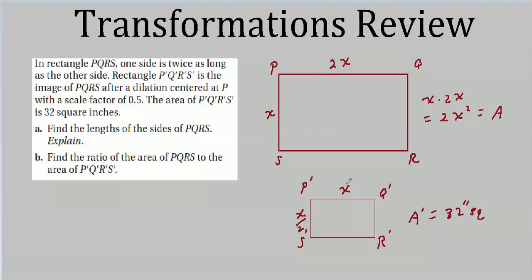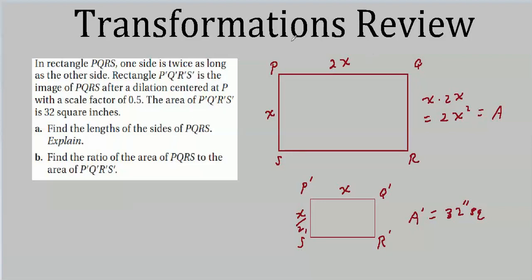So reduce everything by the same amount. And the funny thing is, we could answer this question right off the bat, because we've done it before. We already figured out that the areas go back and forth as the square of the scale factor. So we could immediately write 1/2 squared or 1/4 as the ratio. But let's do it this way and see what they're getting at.